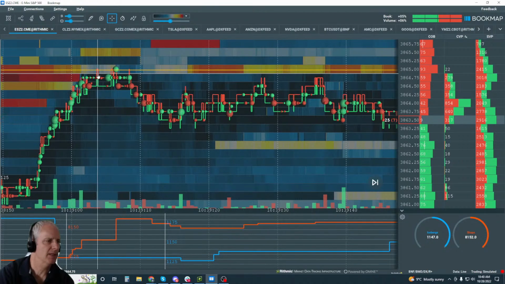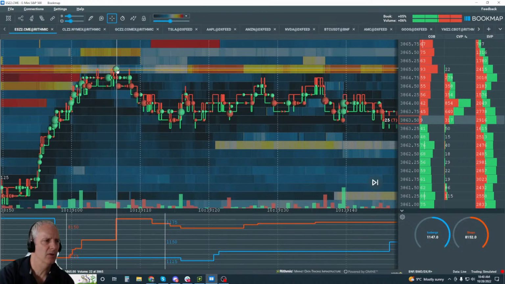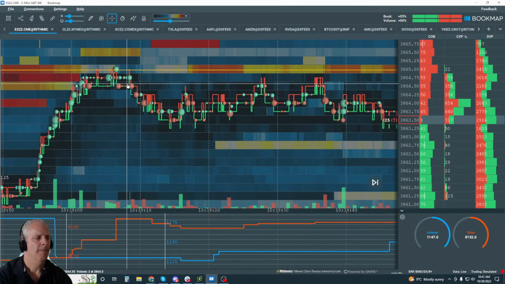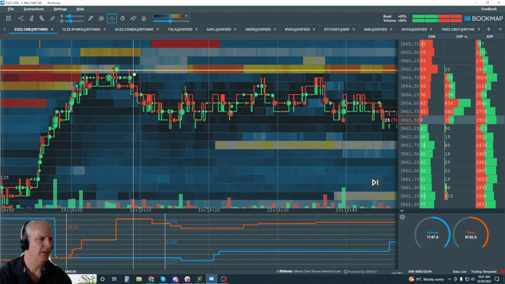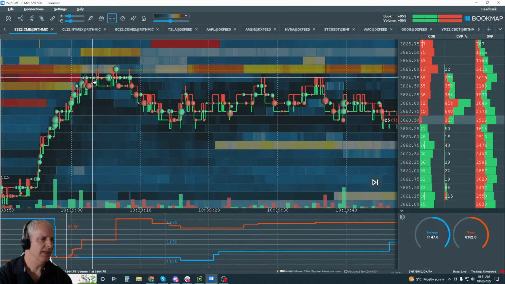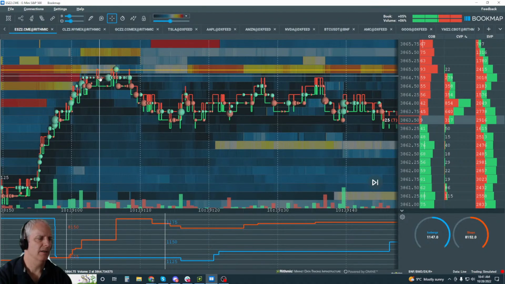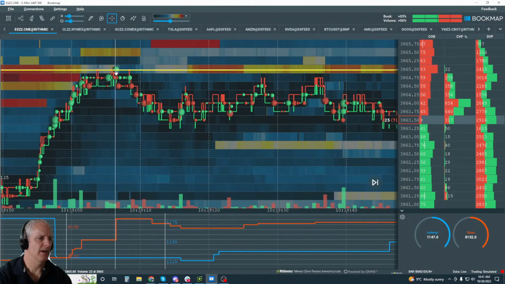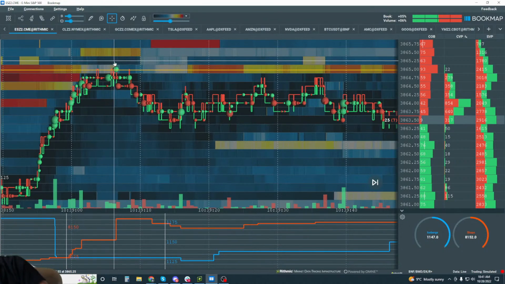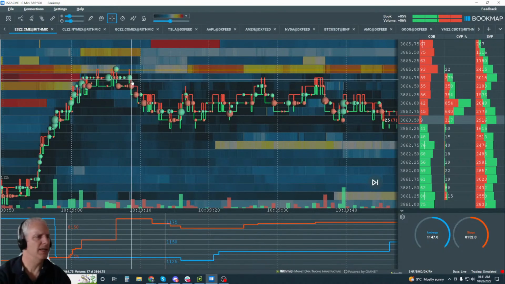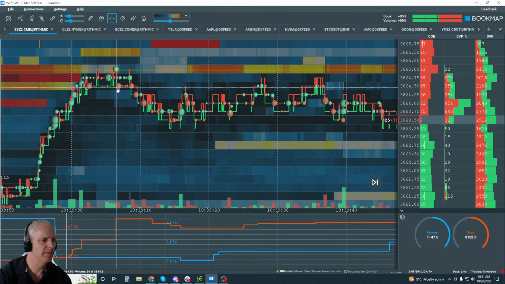It's just the best offer came up and tested here. Here's a little bit of buying up here. Here's a retest back up on this very small time frame, and there's no buying. In fact, this is like a little mini head and shoulders. There was just a little bit of buying on the head, and then we see a bit of selling coming in.